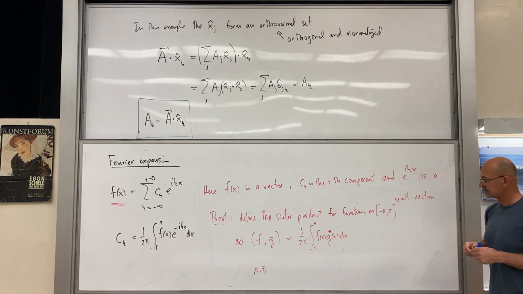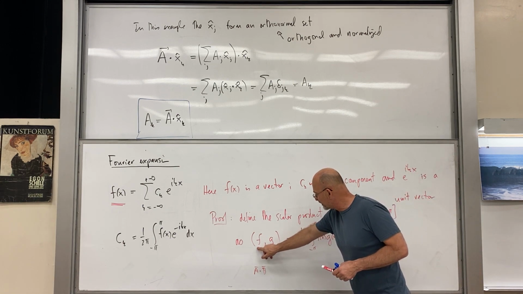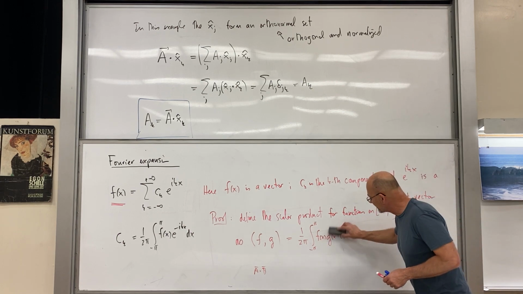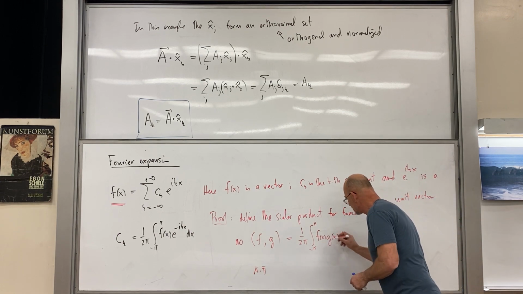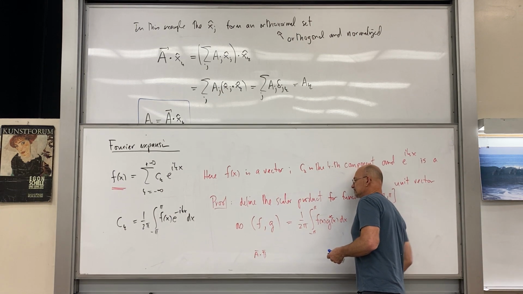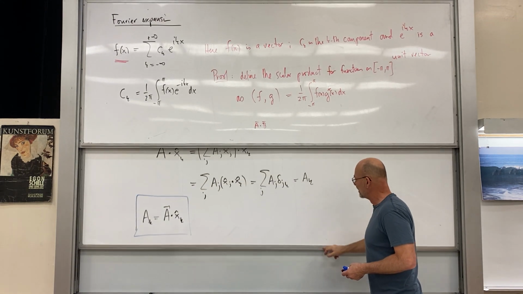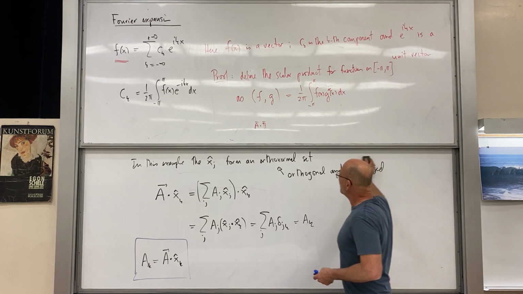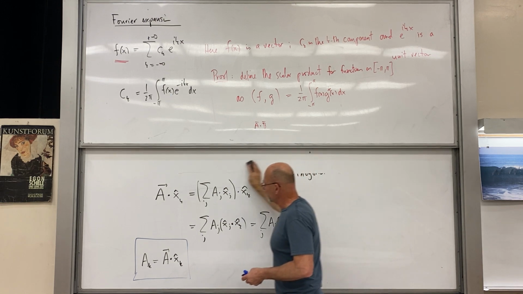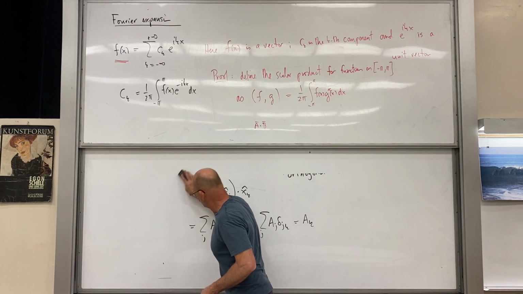It's just these two functions, f and g, 1 over 2 pi, f of x, g star of x, where star is the complex conjugate, dx. All we need. We're actually going to peel out these formulas right here and erase them.